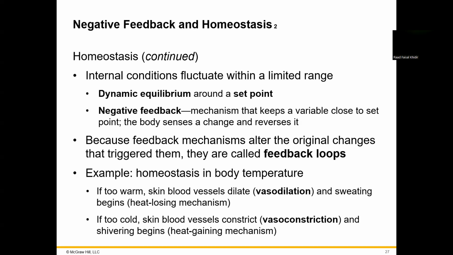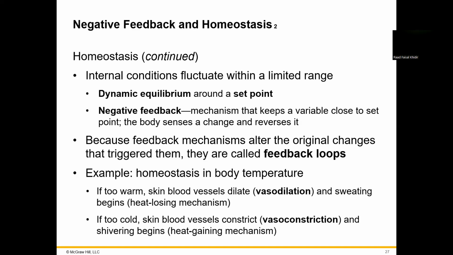So we call it negative feedback. Negative because you resolve with the opposite. Negative doesn't mean minus. Or when the temperature increases, you cool with the sweat. That's negative feedback. Negative feedback is when the input and the output are opposite. You were so hot, now you're so cool. You were so cold, now you're warm. That's called negative feedback.